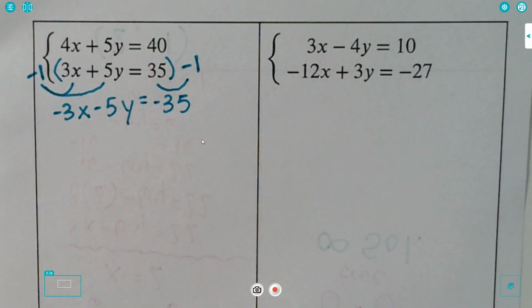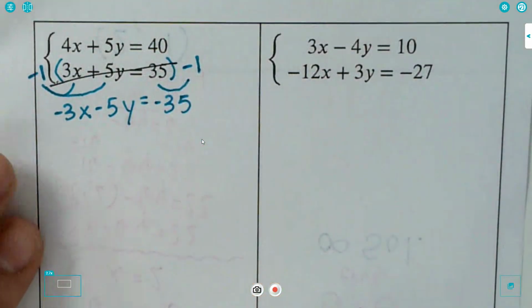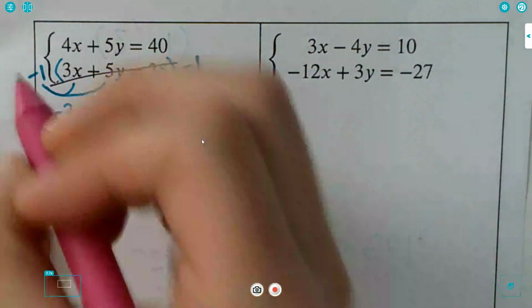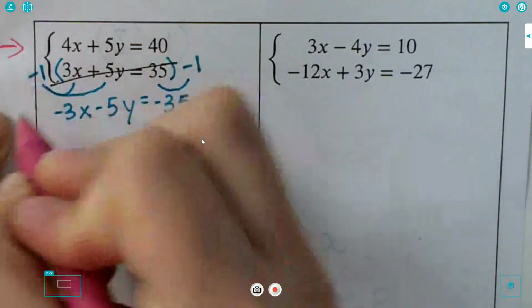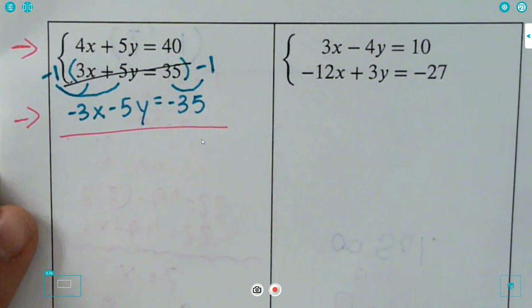Then, so I don't confuse myself on what I am and am not adding together, I'm going to cross out that, since I just replaced that, or I just changed it around. Now, we are adding together this equation and this equation. Any questions right now before I do that?